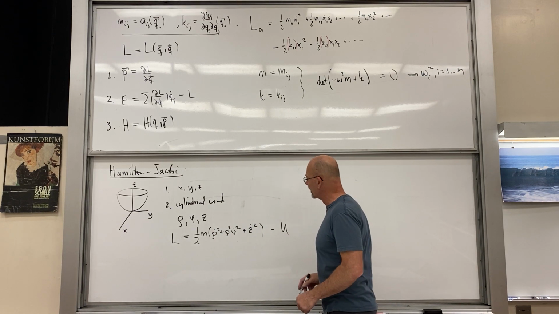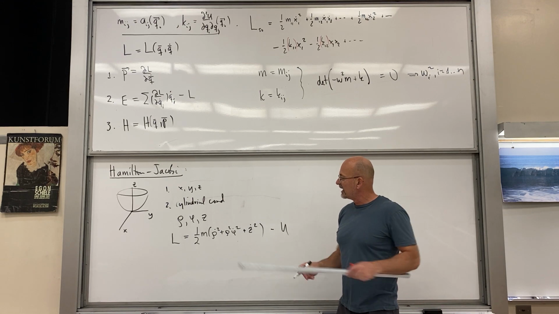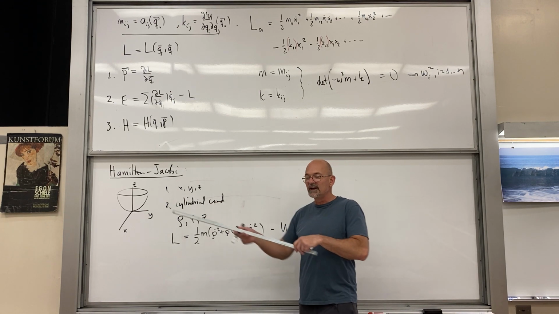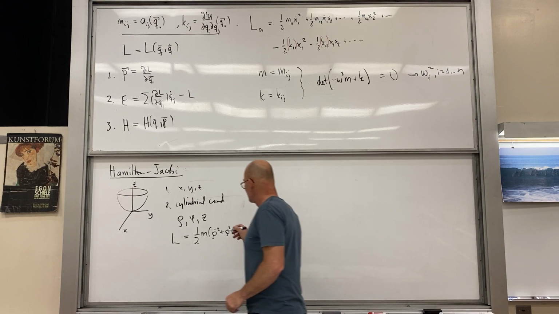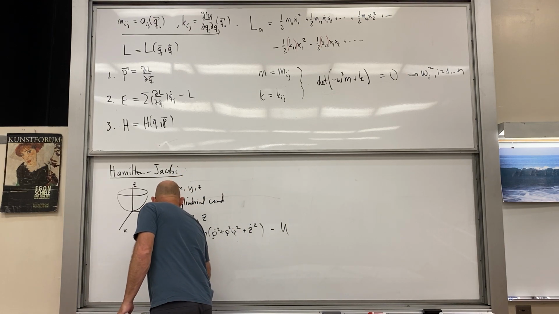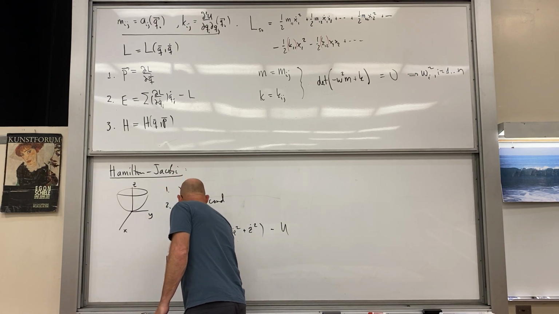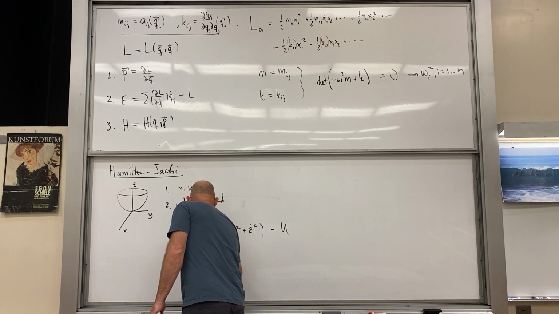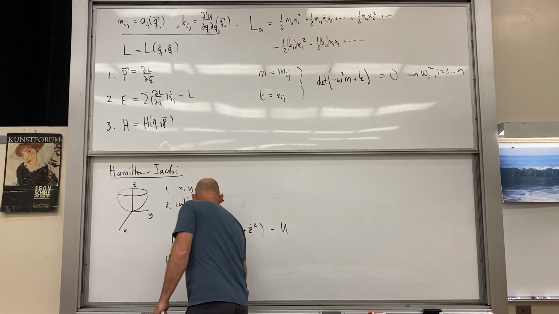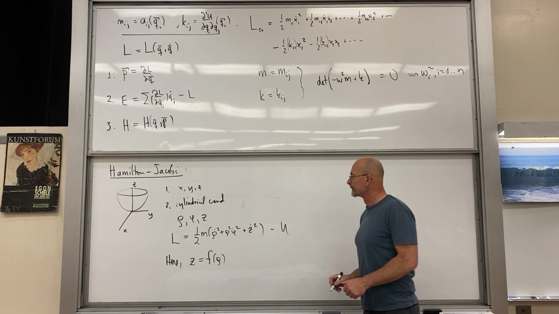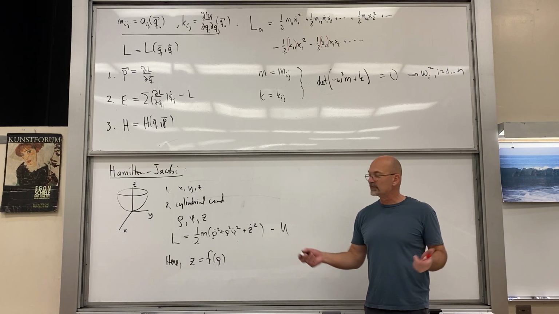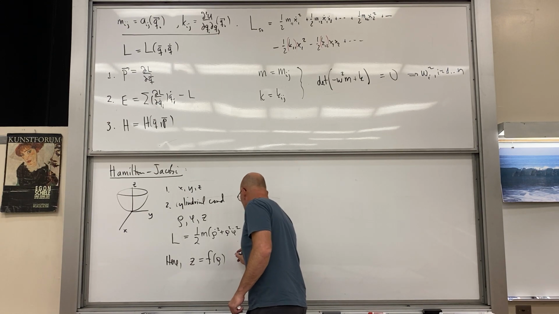Minus u, okay? Now, I gave a surface of revolution here. So here, we have z is some function of rho. Z is some function of rho for a surface of revolution.